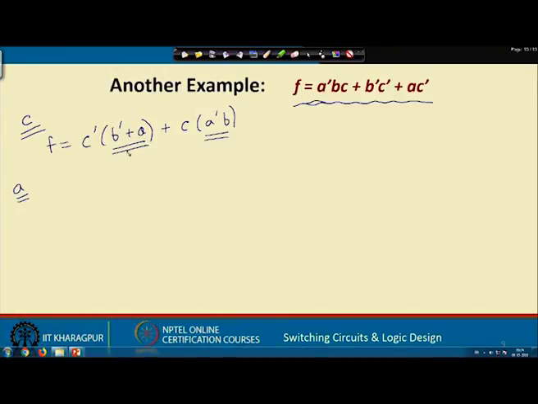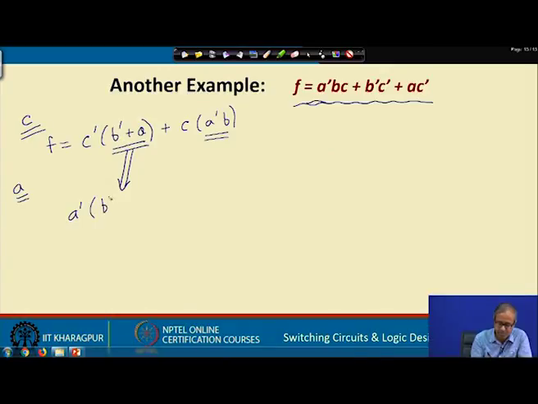So, this function, if we expand with respect to A, this will be A bar into, replace A by 0, it will be only B bar, plus A into, replace A by 1, this will be something plus 1, it will be 1, right.